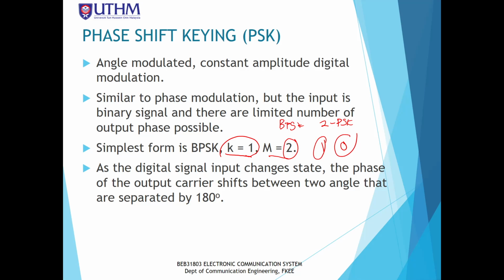Okay, so the phase of the output carrier shifts between two angles. Hanya ada dua angle saja, terpisah sebanyak 180 darjah. Okay, so perubahan 1, 0 akan mengakibatkan perubahan fasa sebanyak 180 darjah.